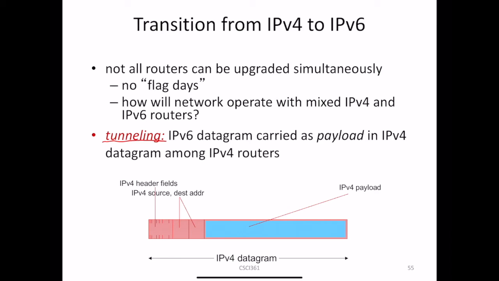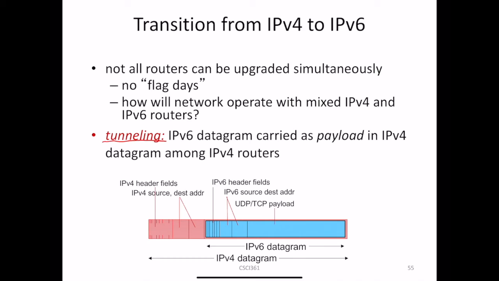When the IPv6 datagram arrives at the IPv4 router, the IPv4 router will treat this IPv6 datagram just as a segment and re-encapsulate it just like this.